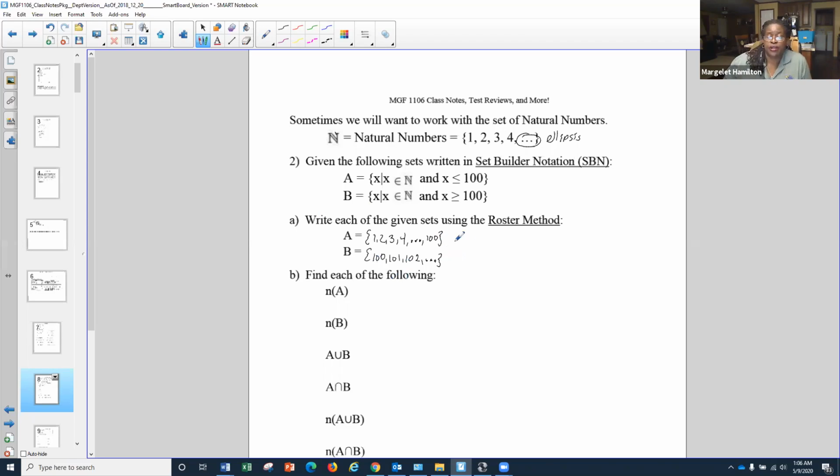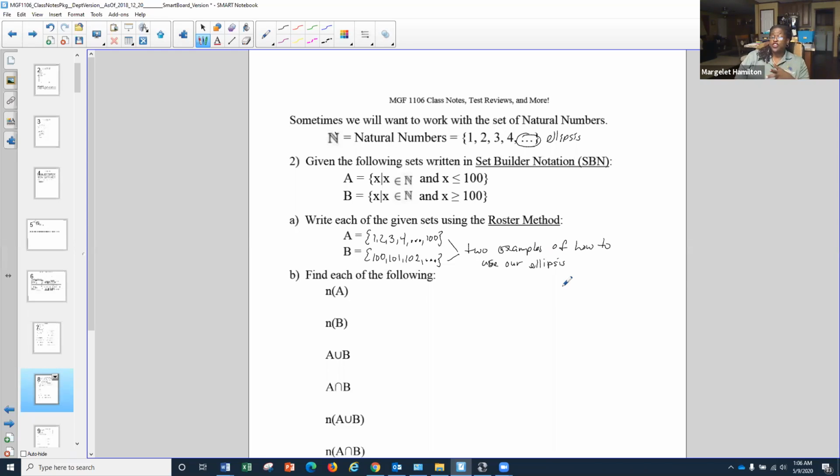So here we have two examples of how we can use our ellipse. All right, those are the proper ways of using our ellipses.